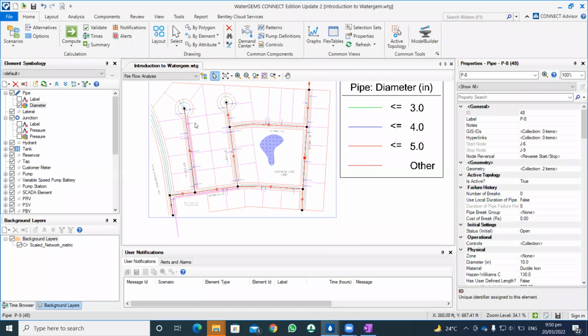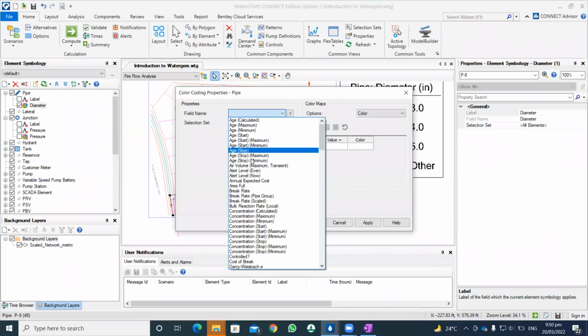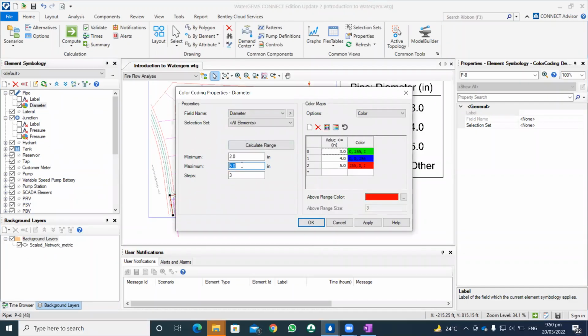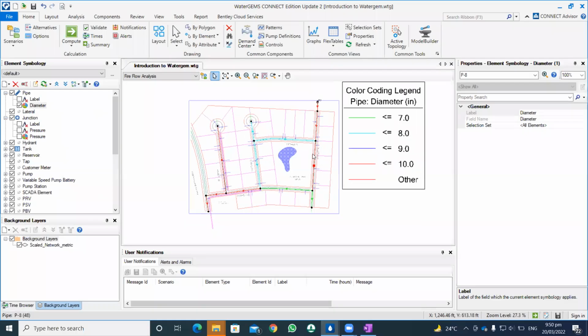I want to just annotate it by color. Here you can observe that the red pipe shows a diameter of 10 inches, the green pipe shows 7 inches, while this light blue color shows 8 inches.